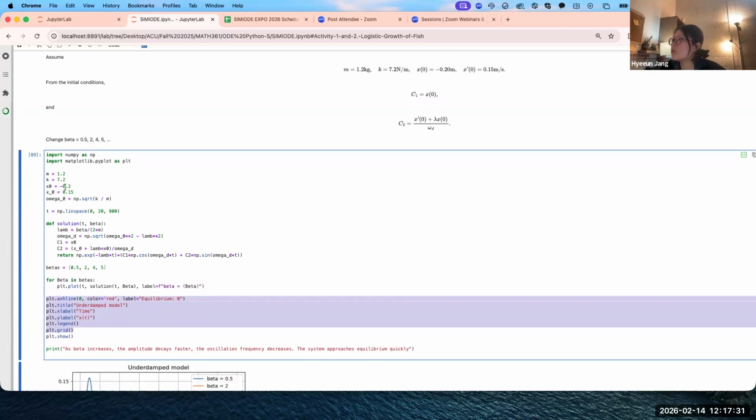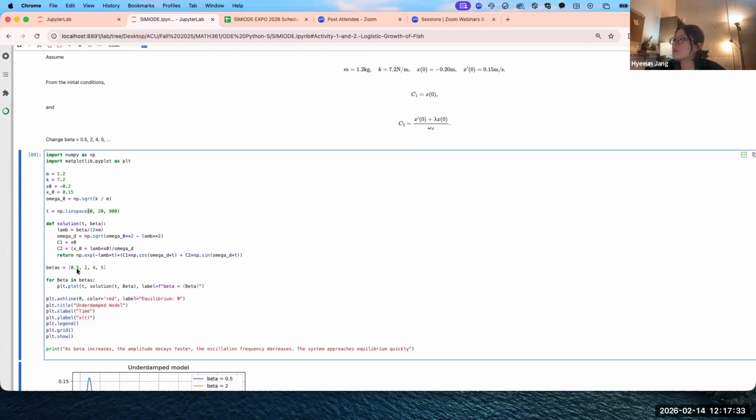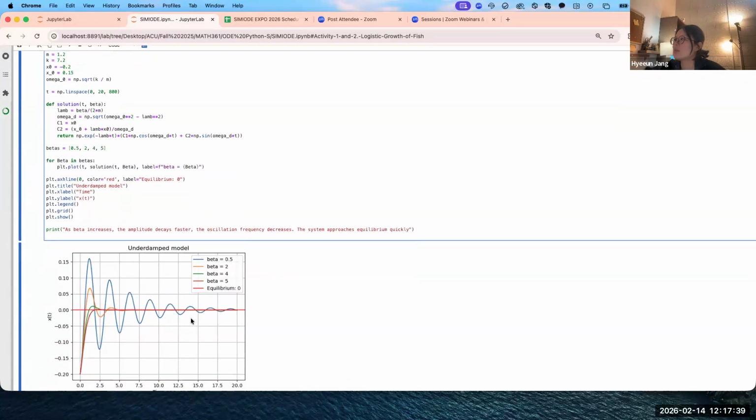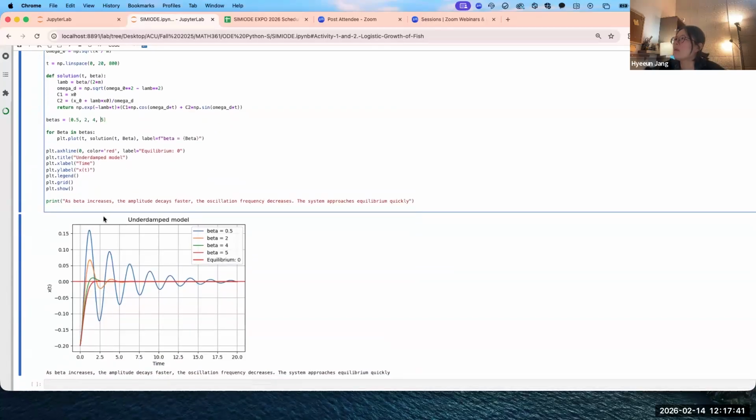So we change the damping constant: 0.5, 2, 4, 5, and then compute. Students will easily understand when beta becomes large, from 0.5 all the way through 5. You may use a linear space between 0.5 and 5.